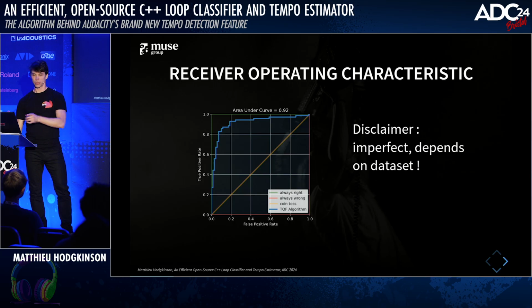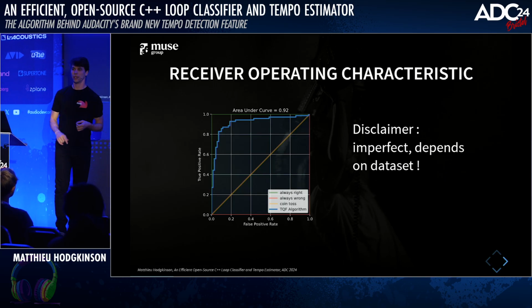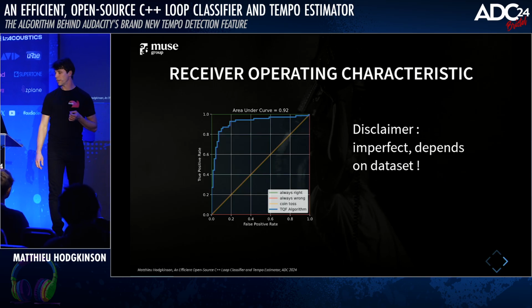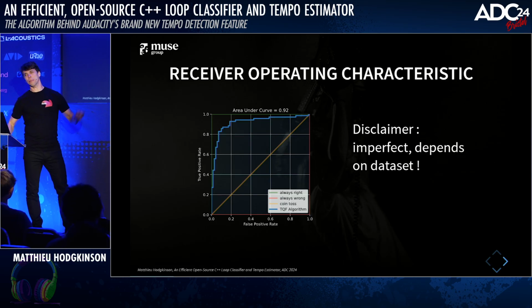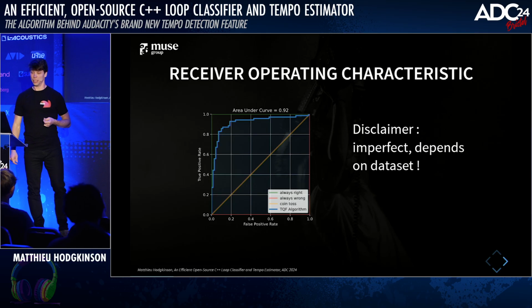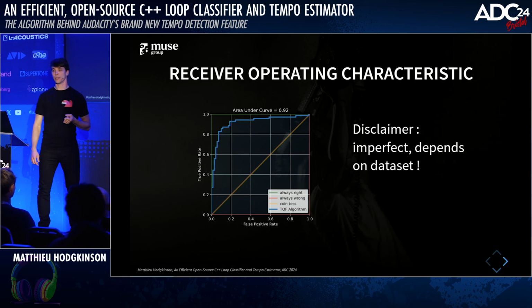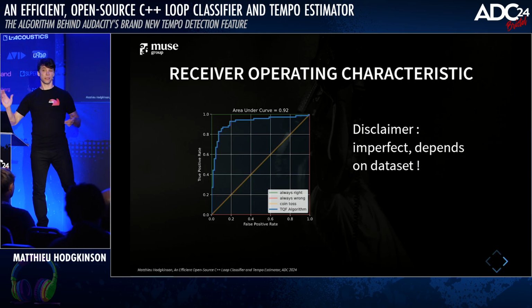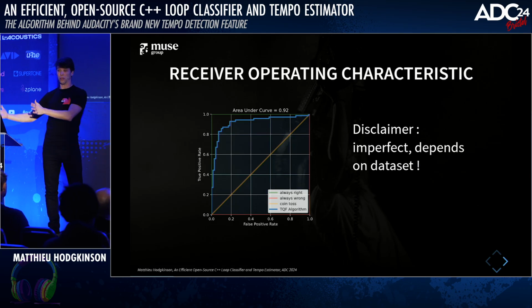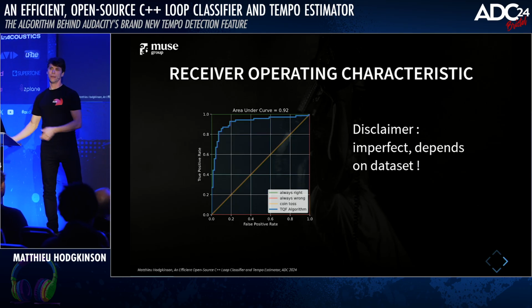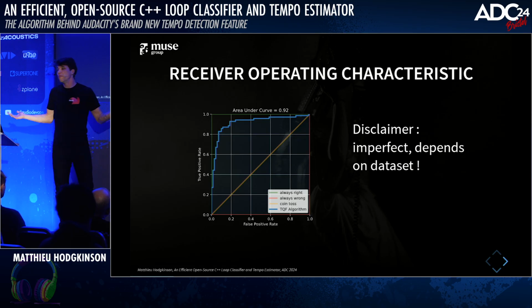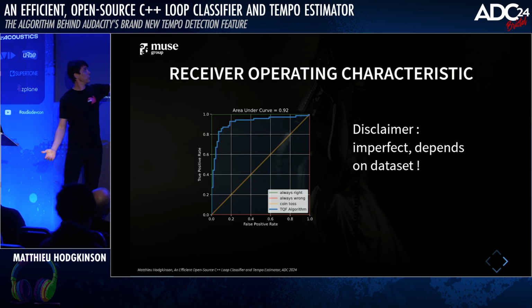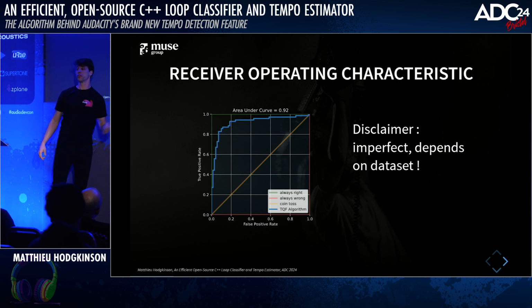Of course, I was talking about this to one of the attendees of the conference the day before yesterday, and he immediately said, but that depends on your data set, right? And he's right. It does depend on the data set. If I use another data set that only has loops that are very, very loopy, and non-loops that are very, very non-loopy, then it would be very easy for the algorithm, and it would get a very good score, right?